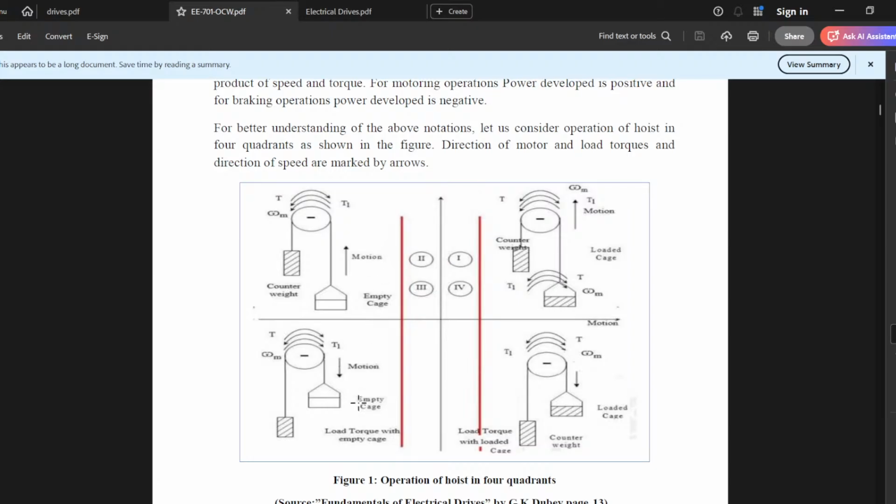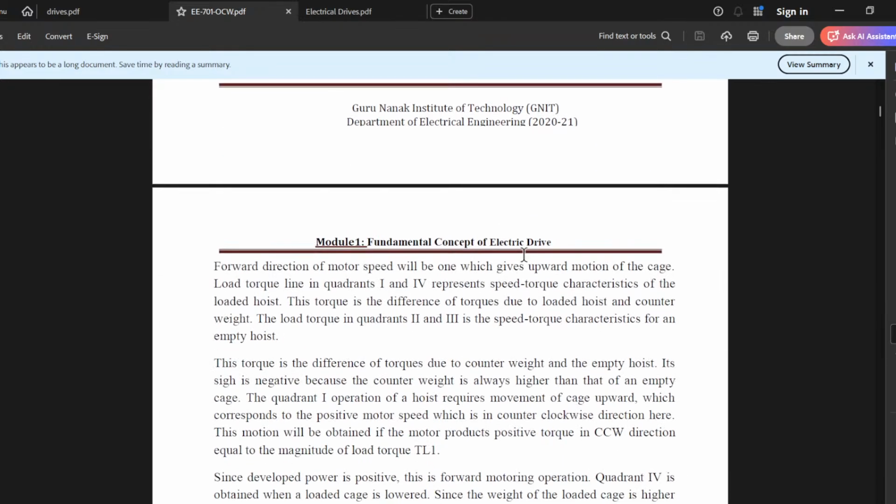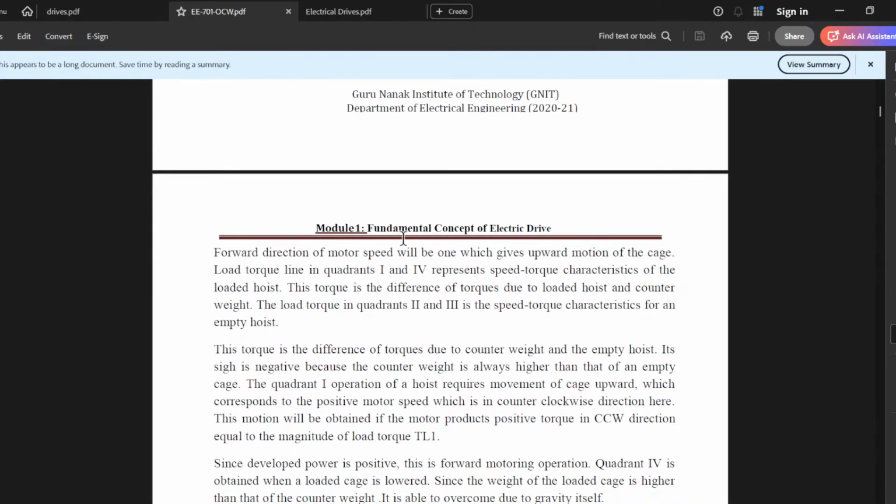Forward direction of motor speed will be the one which gives upward motion.